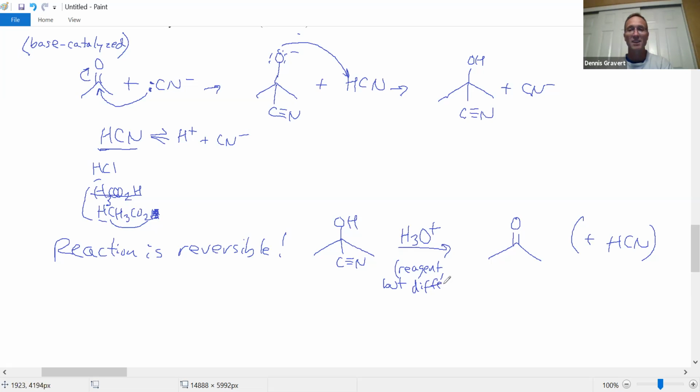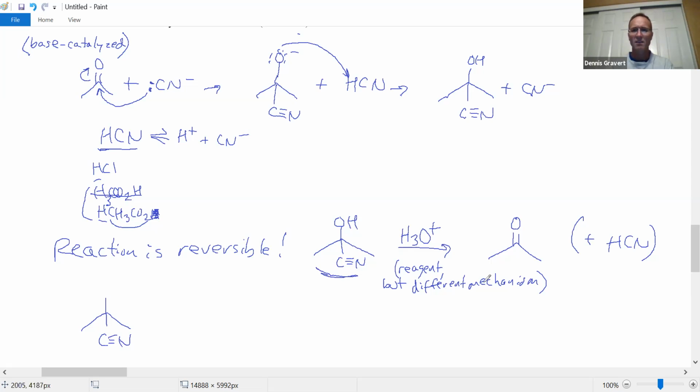I'm not going to require that you know that one. It gives you the same product, the ketone. And if you really want to know, we can talk about it. Email me. I can send you information about the reverse reaction using hydronium to get to the ketone. It's a longer mechanism, but you don't have to know that one. You only have to know this one backwards.